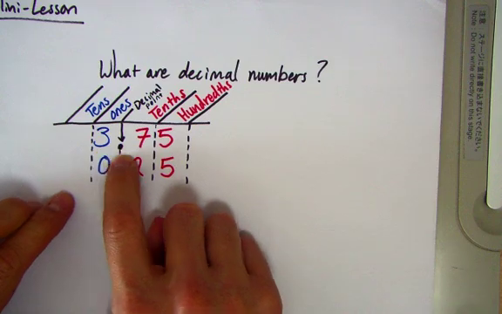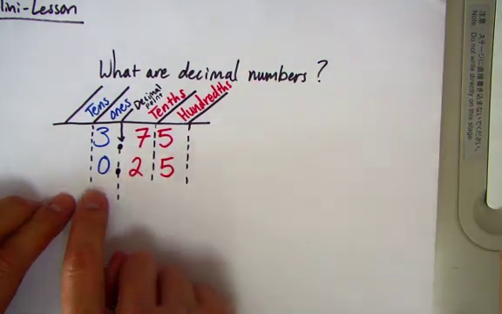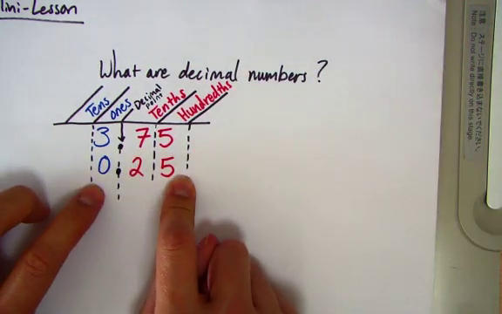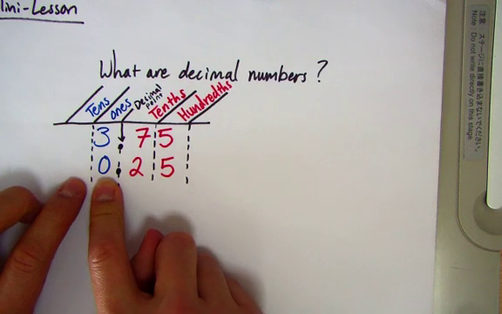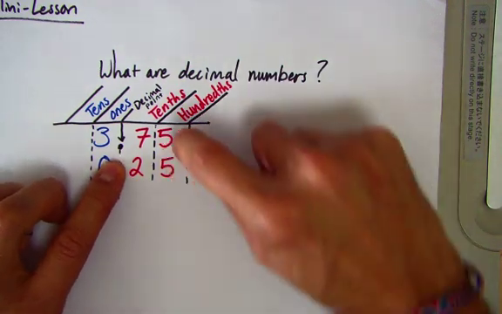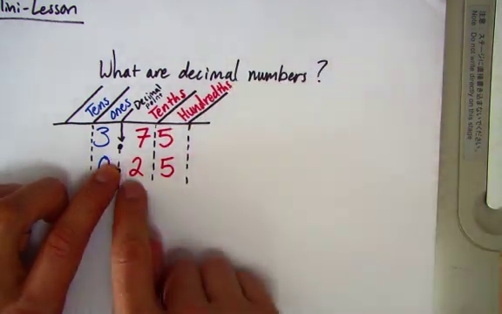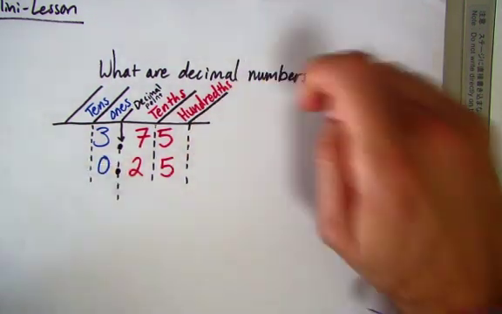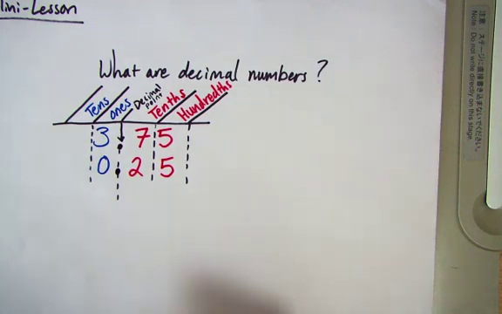If I said 3 and 75 hundredths, how do you think I would say this decimal number? I wouldn't say anything for the ones, right? So I would just say 25 hundredths. 25 hundredths.